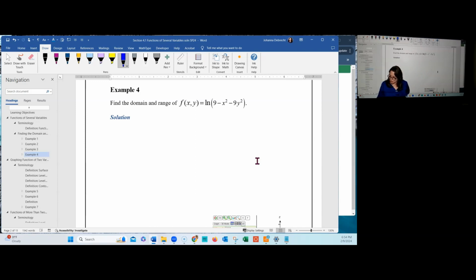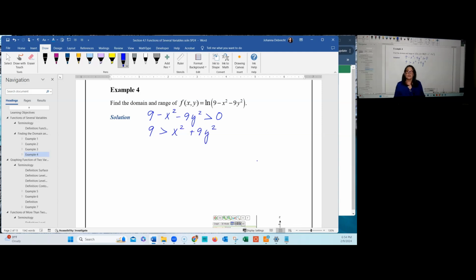So in this case, we'll take out the argument, again, starting the way we have in the past with the radicals, and we'll say that this expression has to be strictly positive. The best thing to do is to get the terms to be as positive as you can. So what I'm going to do is separate the 9, the constant term, from the y squared and x squared terms.